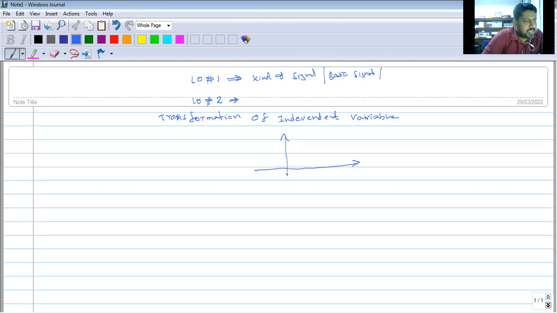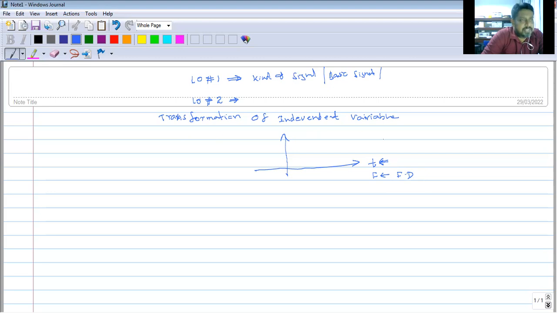Normally as the independent variable we use time, or we can use frequency. If it is time, we call it a time domain signal, and if it is frequency, we call it a frequency domain signal. But we do not touch frequency domain analysis yet; we are in time domain analysis.